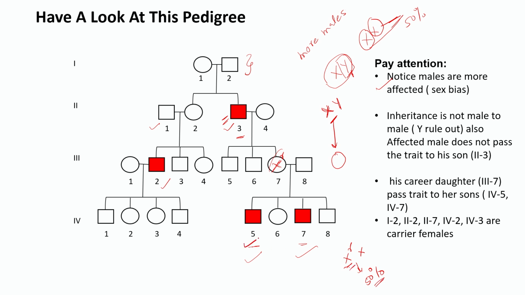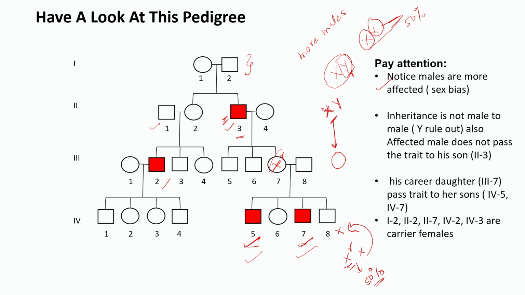That's why you see that 5 and 7 are affected, but 8 is not. This 8 is getting the unaffected X chromosome, right? So this is an important thing. So the father is transferring the disease allele through his daughter to the grandchildren, right?